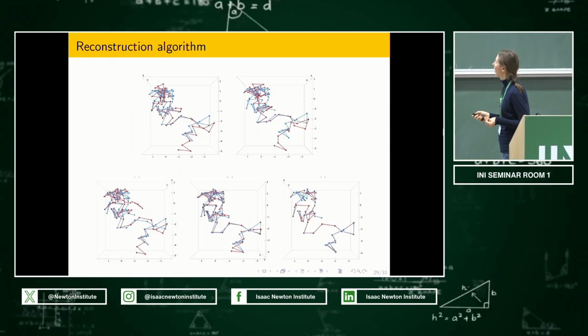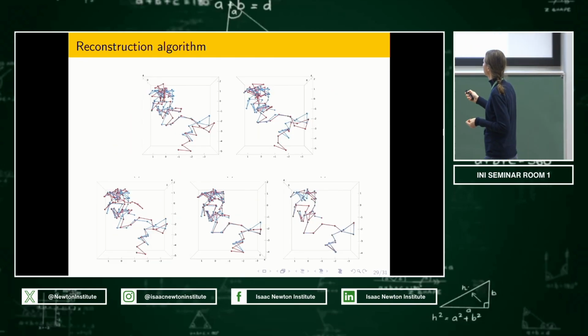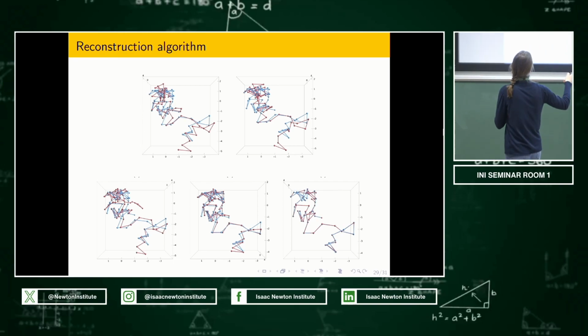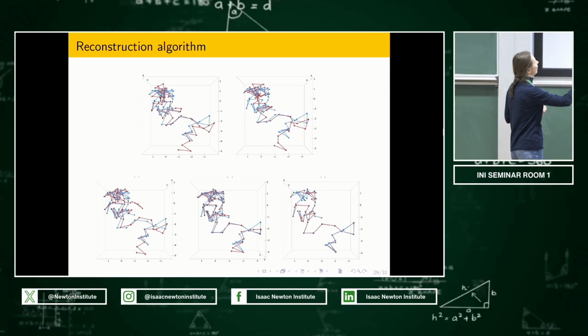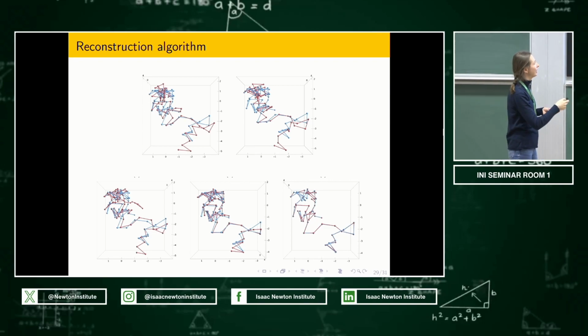And I'll show you some reconstruction. The blue figure here, you can think of as our synthetic chromosome, the same in all these figures. And then the red one is the reconstructed one. We have used the different models that I introduced.